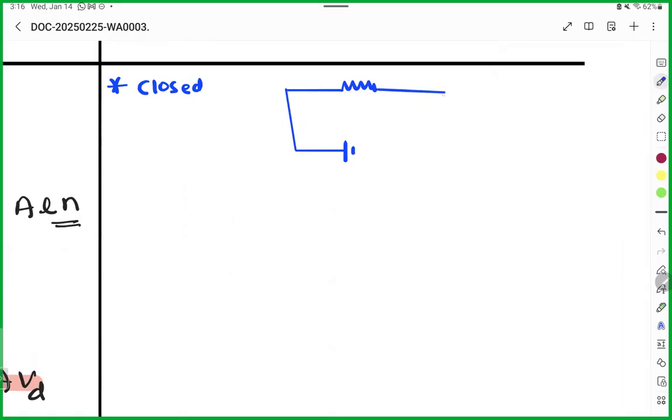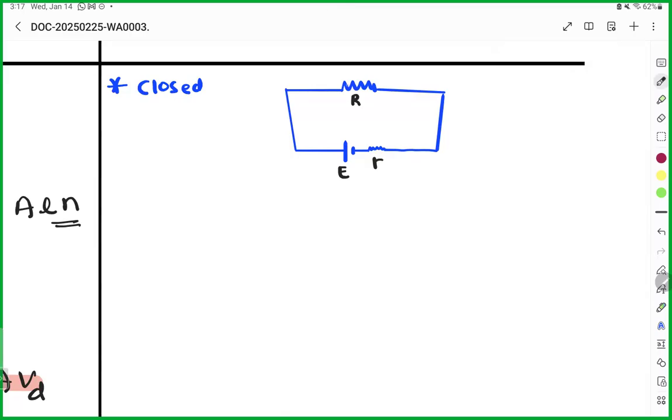Then cell itself contains very small resistance like this. Okay. Here, example, this voltage is E. This resistance is R, and this is internal resistance of battery, small r.